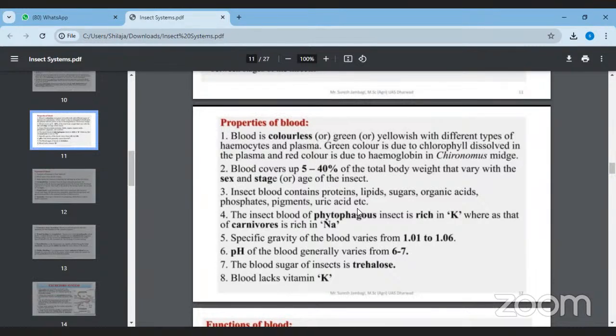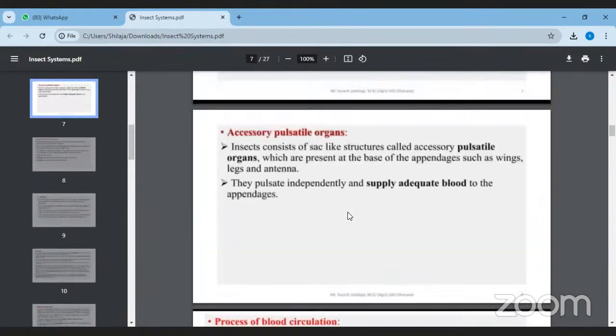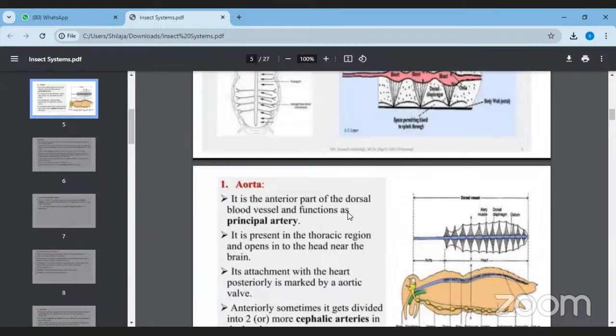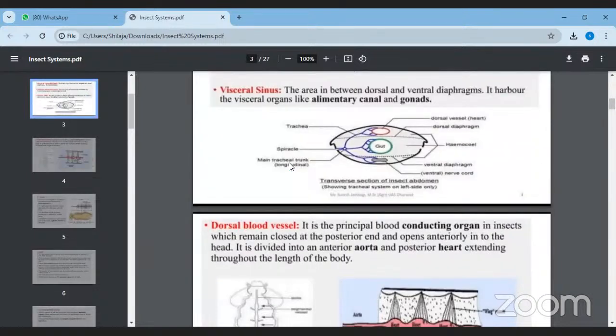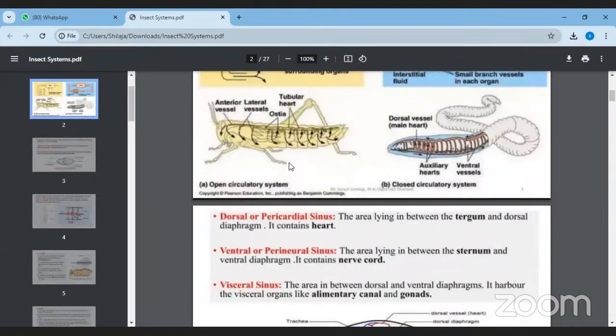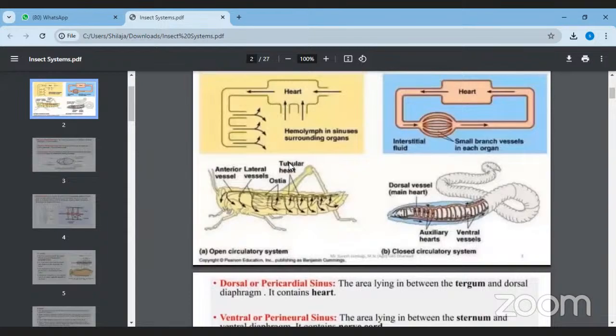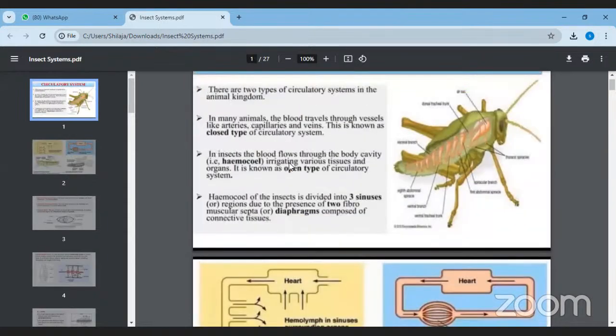The main parts you have to remember are the dorsal blood vessel, how important a role it plays in the circulatory system of the insect, and how many types of open and closed circulatory systems there are.